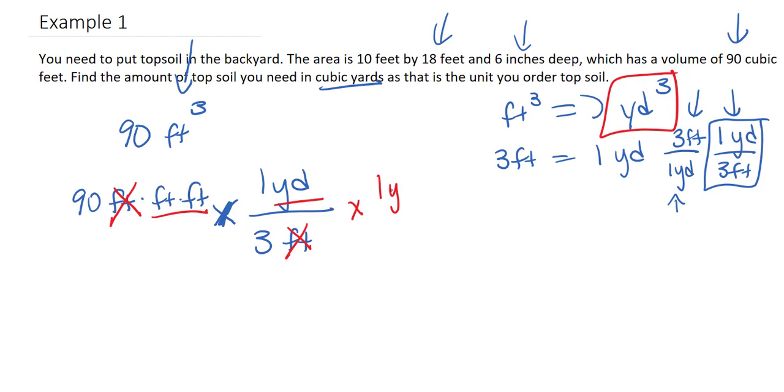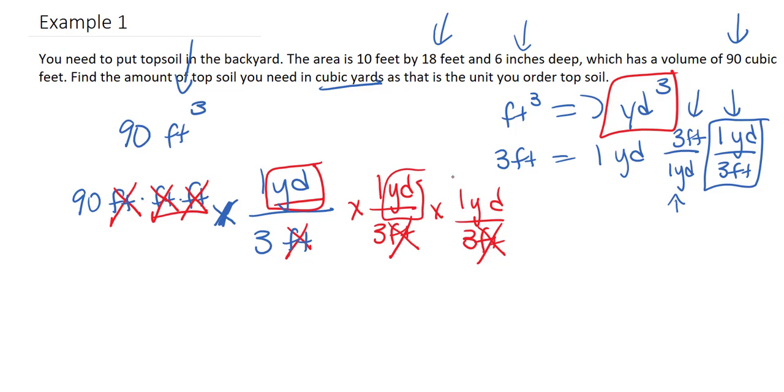So we have 1 yard over 3 feet times 1 yard over 3 feet. Now we can cancel out those feet, and cancel out these feet, and cancel out those feet. Then we're left with yards cubed, which is exactly what we need. Now we have set up our whole problem, because our units tell us everything we need.